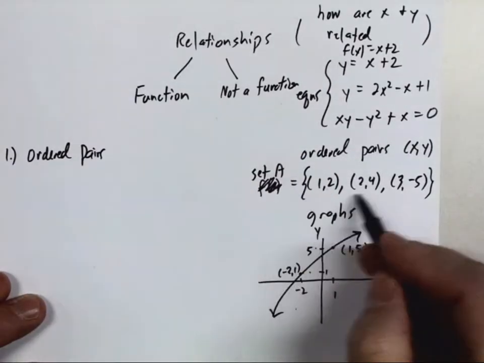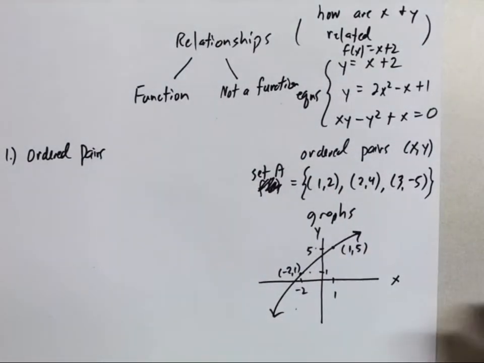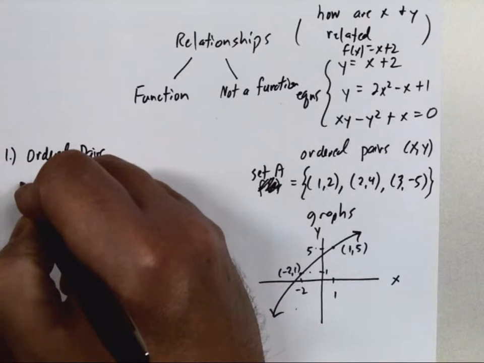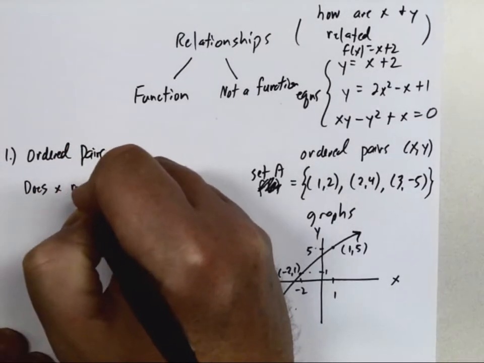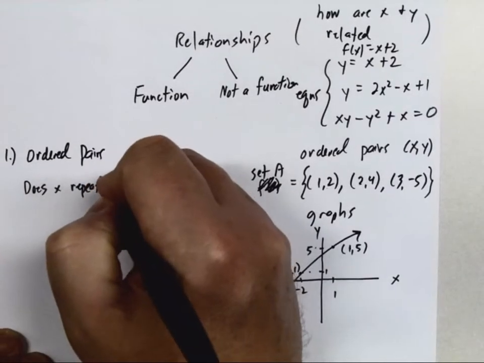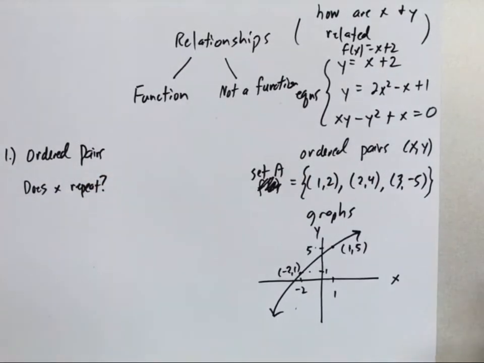If you're given a set or a bunch of ordered pairs and they say, is this relationship a function? You simply ask one question. All you do is look at all the different values of x in your ordered pairs. You don't even care about the value of the y's.